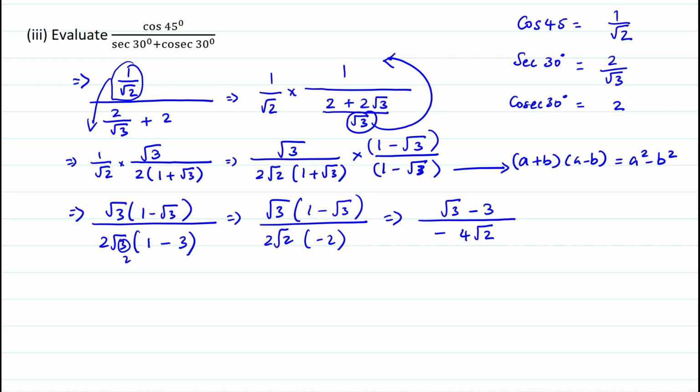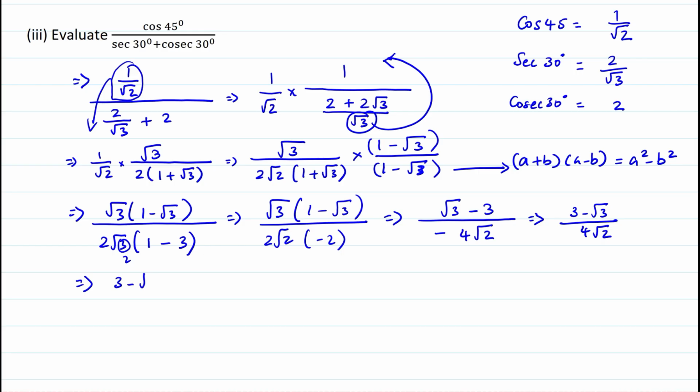So, you take minus sign outside, then this will become 3 minus root 3 divided by 4 root 2. So, here also in denominator we have root 2. What we do is we multiply and divide by root 2.